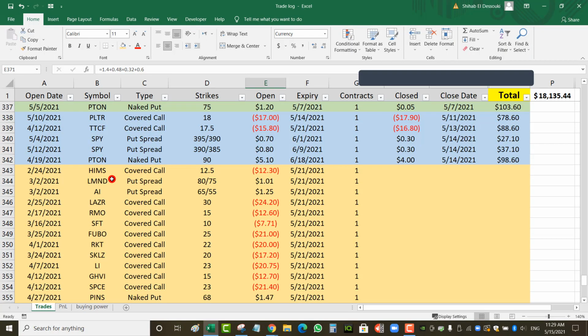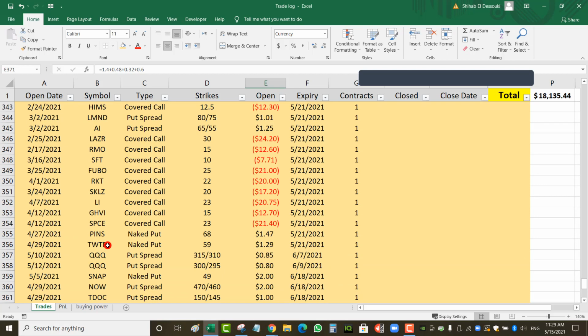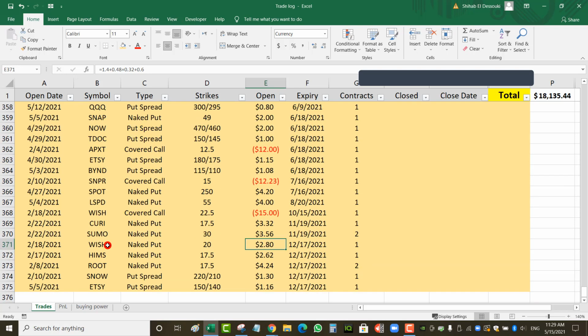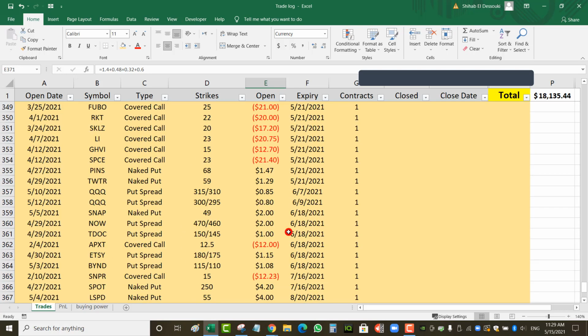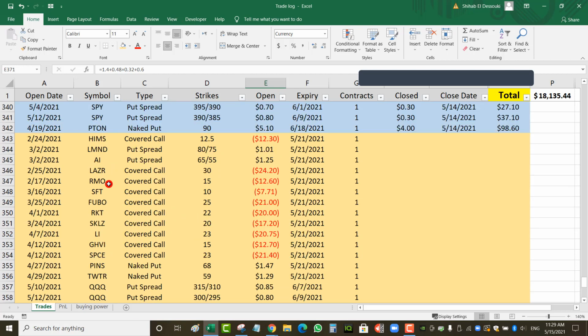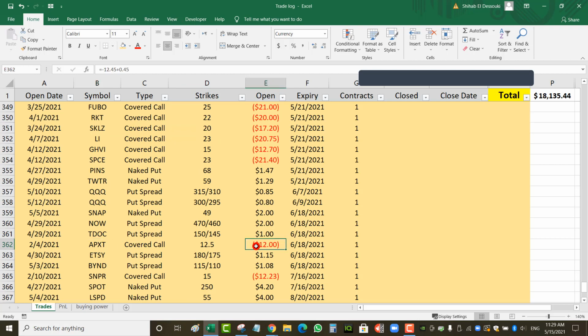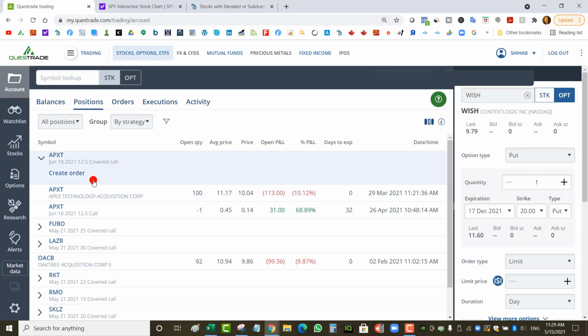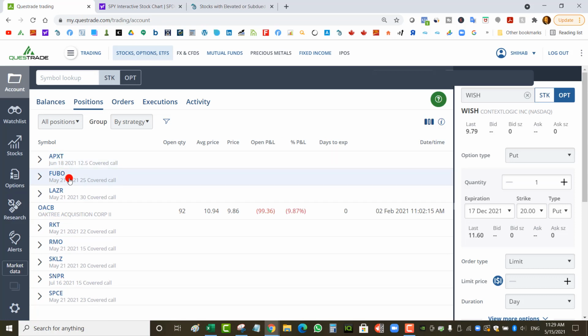I think it's a July expiry, or maybe a May expiry. Oh, there it is. Okay, so my cost is 12. And right now the stock is trading at $10. So yeah, I'll just keep selling calls again at a 12.5 strike.